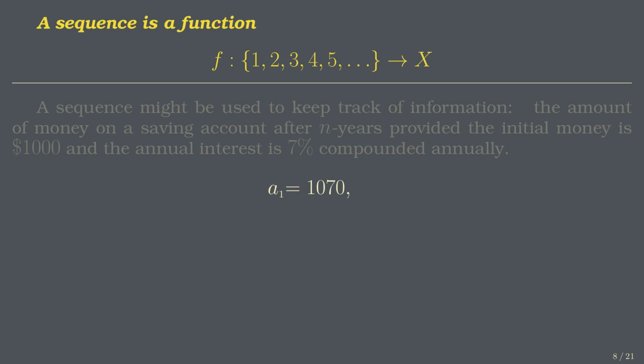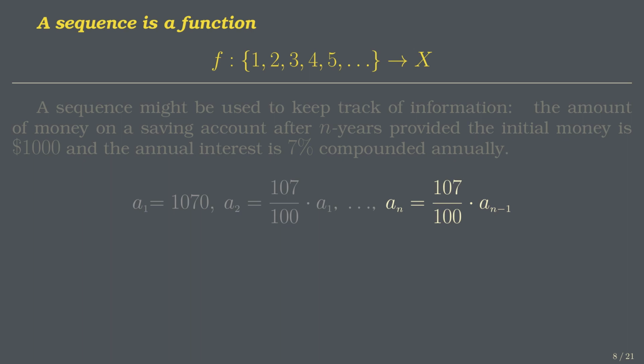And so after 2 years, you might get A2 equal to 107 over 100 times the money you have after 1 year. And so on, after n years, you can tell the amount of money you have in your account using the amount of money you have after n minus 1 years.